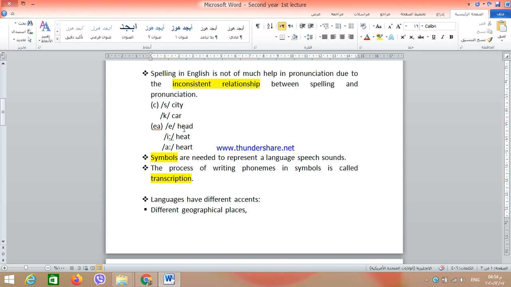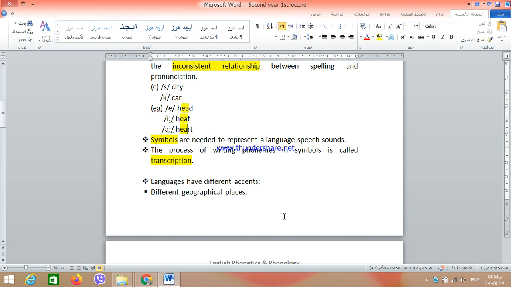So the same letters may result in different sounds in different contexts, or in different words, if you like. So this is inconsistent. We cannot always say that, for example, whenever we have the letters EA, we can pronounce them in one particular way.